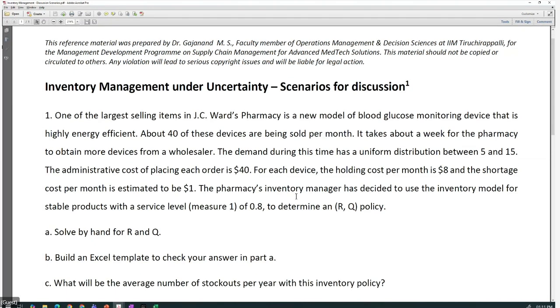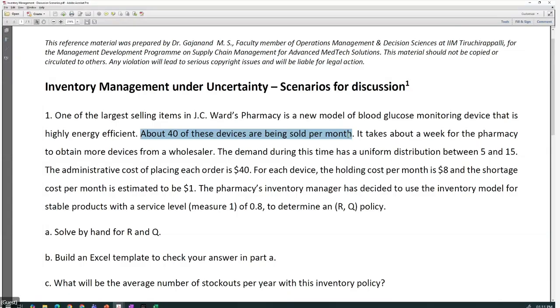Just look at this. One of the largest selling items in JC Watts Pharmacy, this is a different scenario, is a new model of blood glucose monitoring device that is highly energy efficient. About 40 of these devices are sold per month.